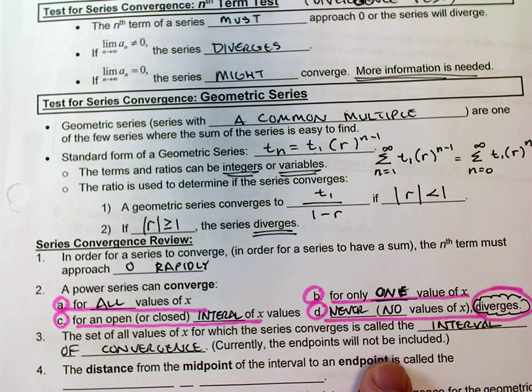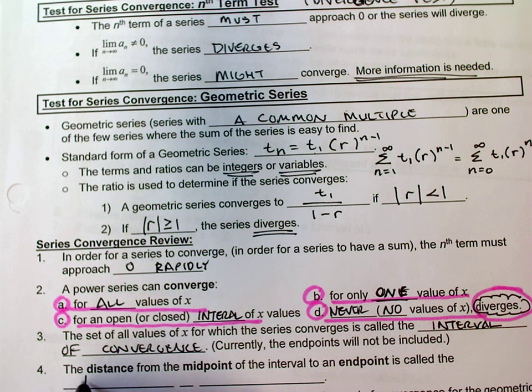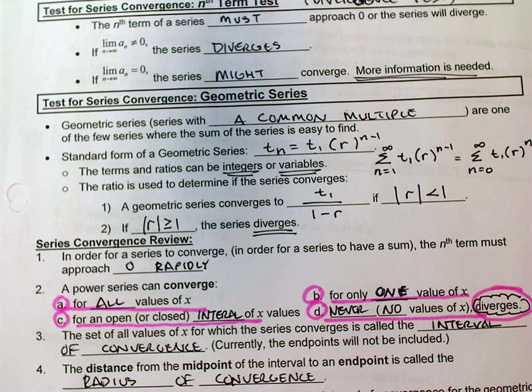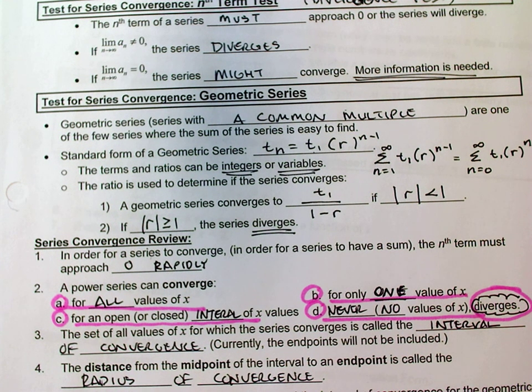And currently, we're not going to stress about the endpoints for that. The distance from the midpoint of that interval to the endpoint is called the radius of convergence. So those are two terms that you'll need to understand, because they'll be asking you to find the radius of convergence or find the interval of convergence.